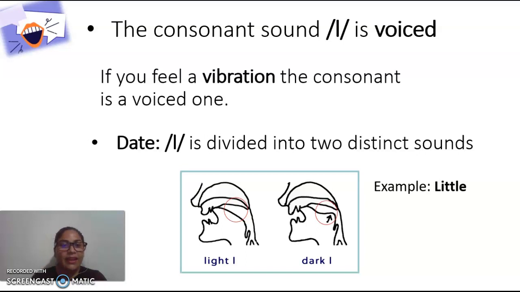The sound L is divided into 2 distinct sounds, light and dark. Both sounds have the tip of the tongue in contact with the alveolar ridge.